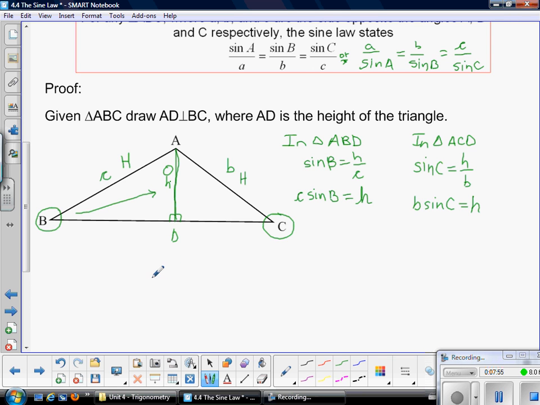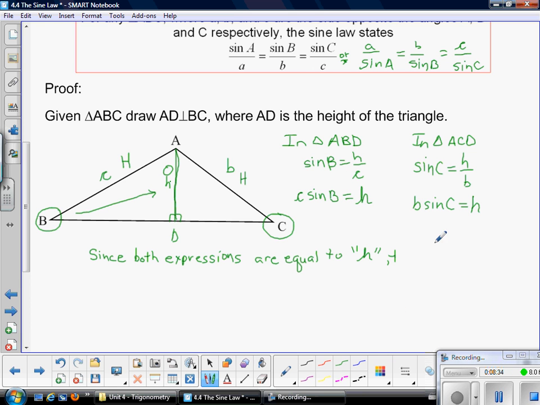So what we have found then is since both expressions are equal to H, they must also be equal.